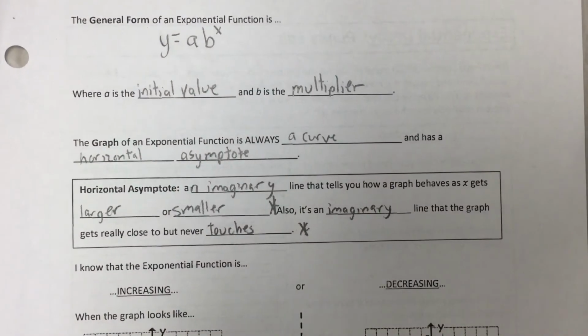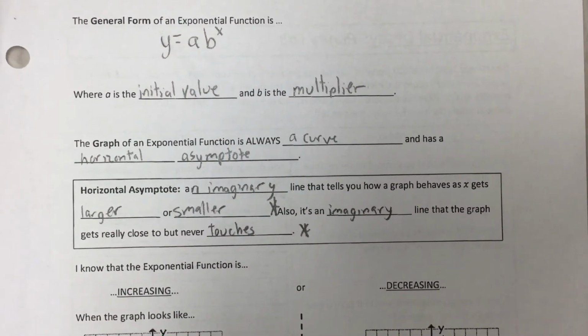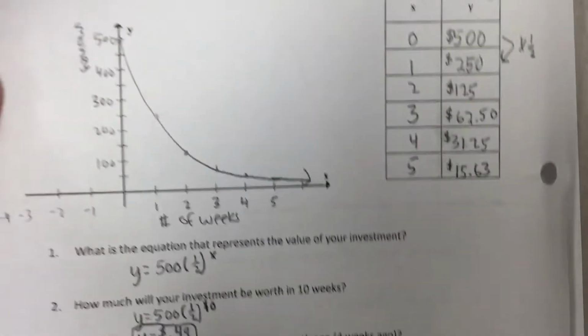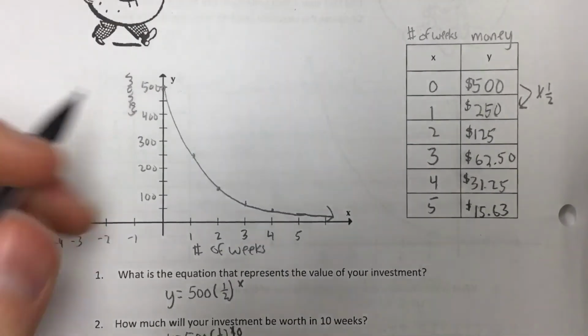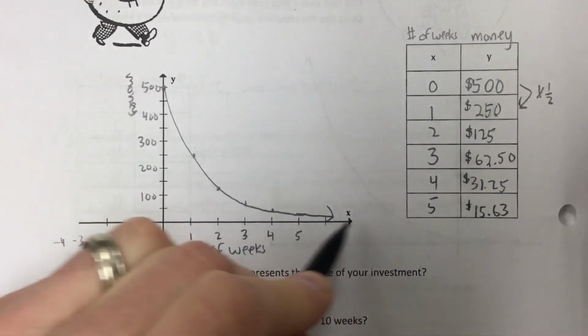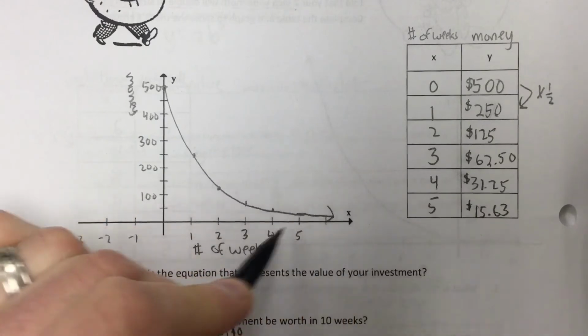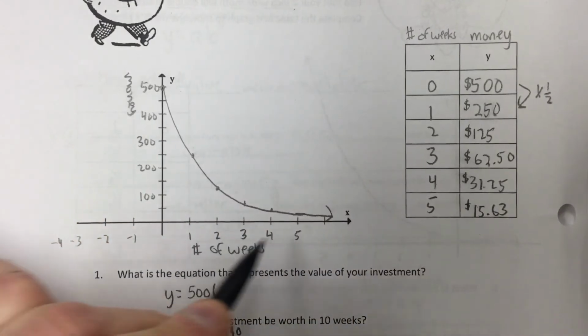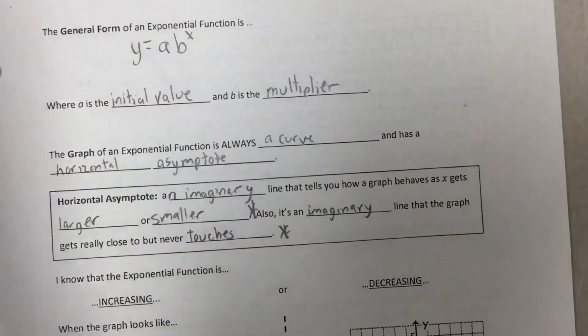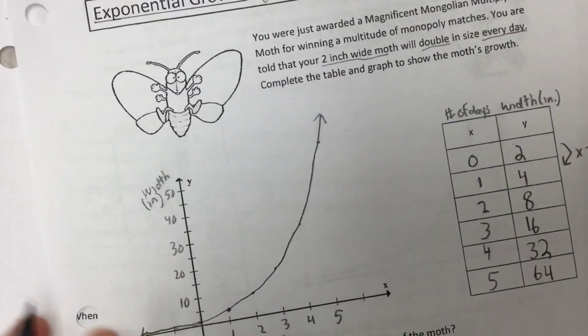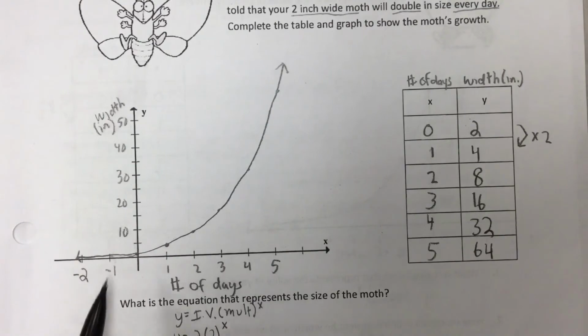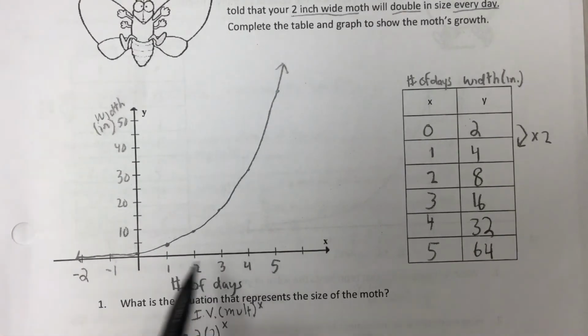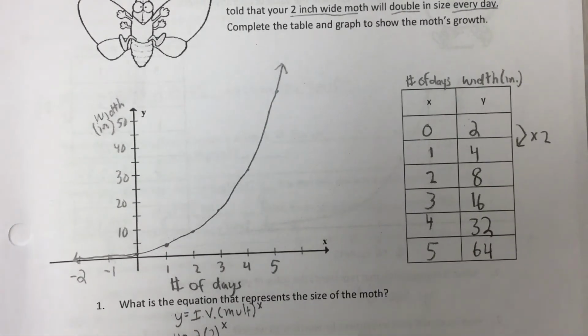So if we looked on our previous page, the sandpaper Snuggie graph, the graph got really, really close to the x-axis. We never actually touched it. So we have the horizontal asymptote right here. Same thing here. As we went back in time, the graph got really close to 0, but never touched it. So we have a horizontal asymptote on the x-axis here as well.